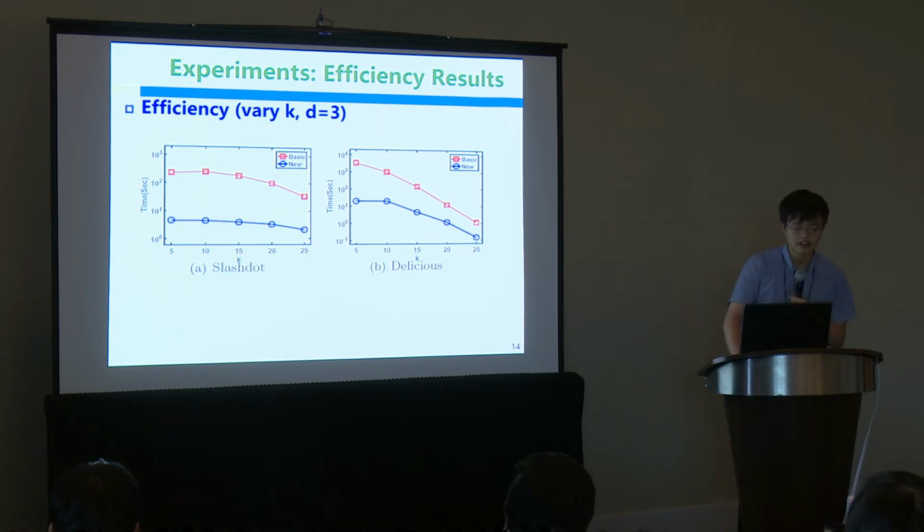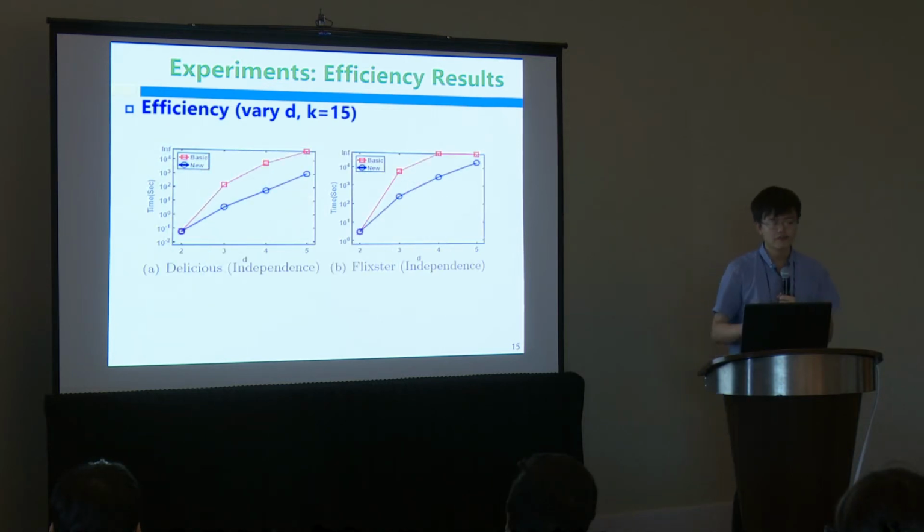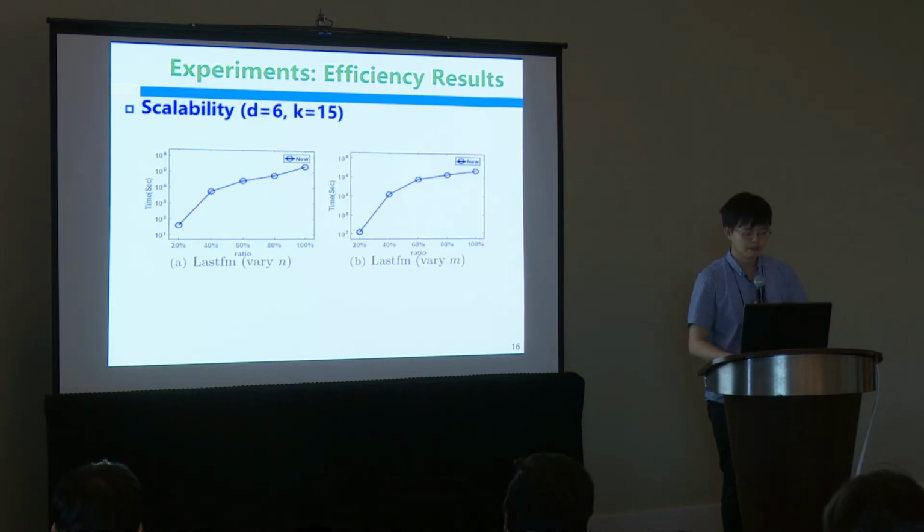We find that when we vary K, which is the cohesive parameter, the new algorithm is much quicker than the basic. If we vary the dimension D, when D is 2 they have the same efficiency because the new algorithm can't solve the 2D problem. When D is larger than 3, it will be better.